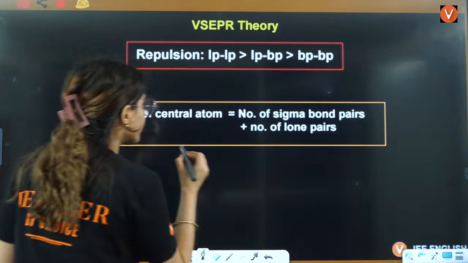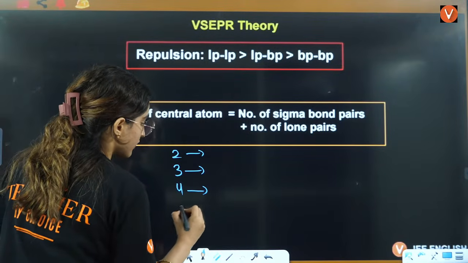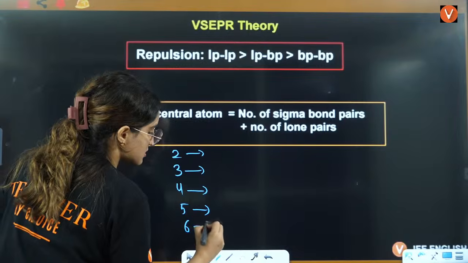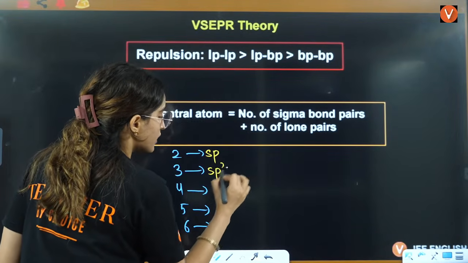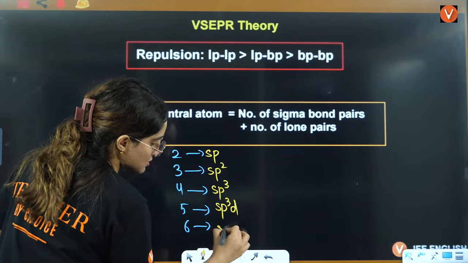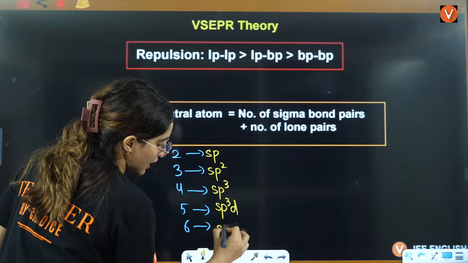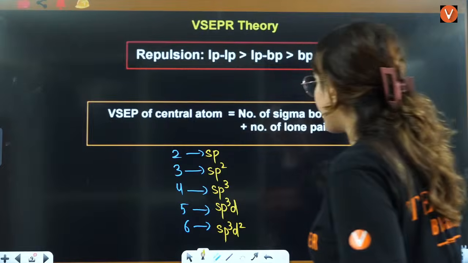If your number of lone pairs plus sigma bonds is 2, then it is sp; if 3, sp2; if 4, sp3; if 5, sp3d; if 6, sp3d2.